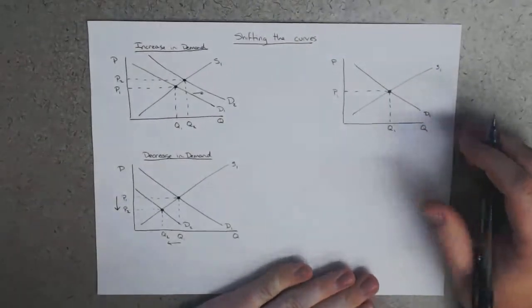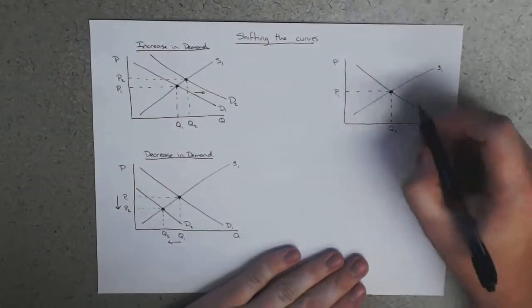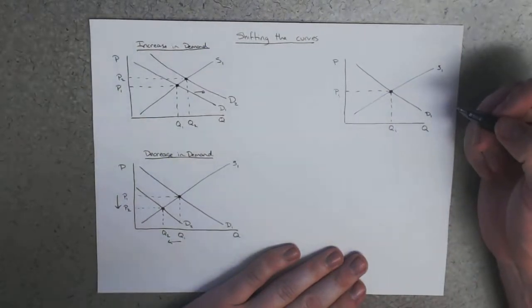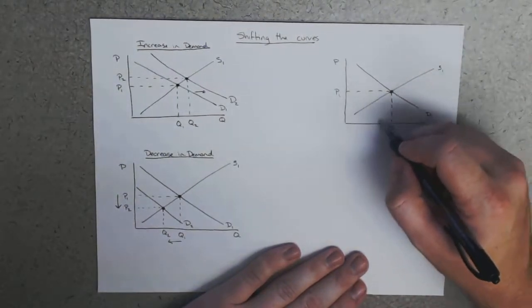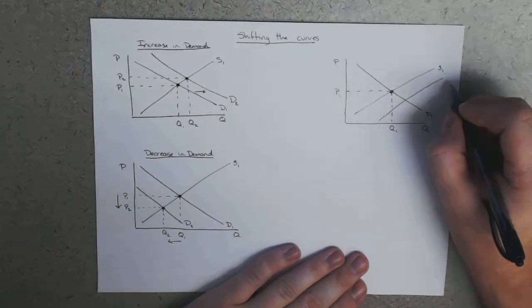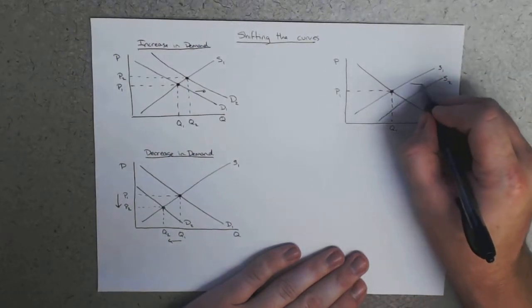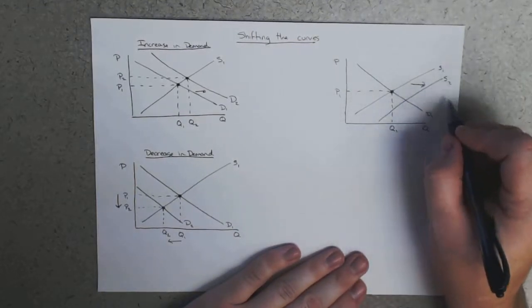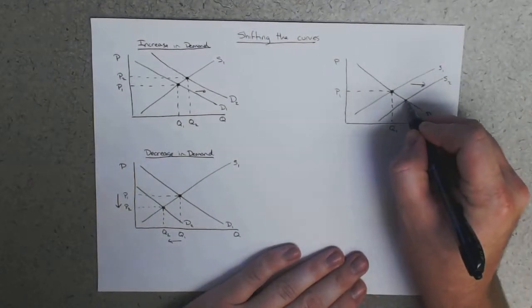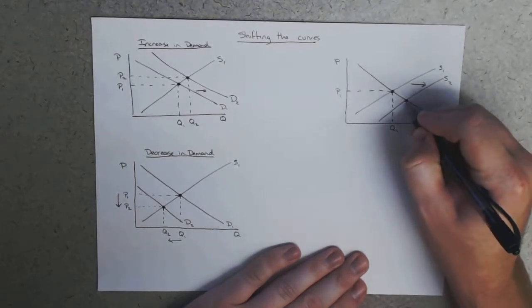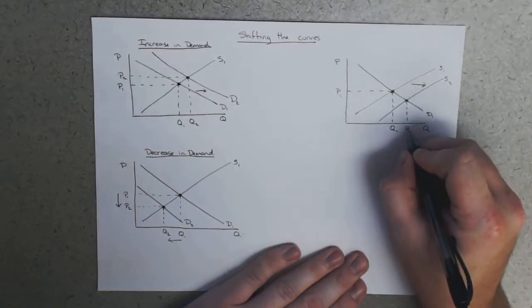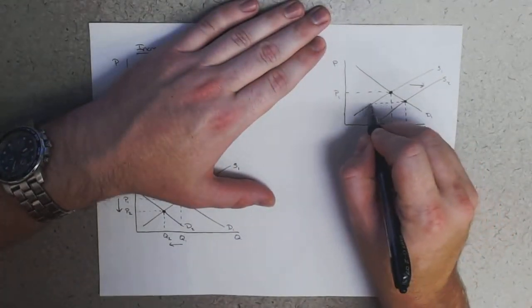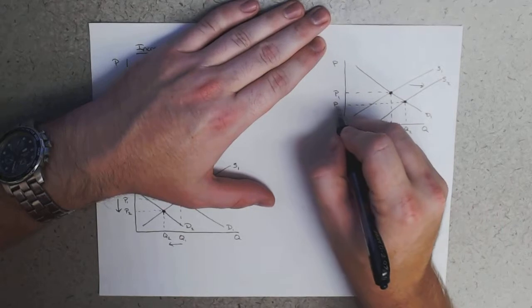In that case, what we have is a change in supply. A change in technology has increased supply, and as a result, the supply curve is going to shift to the right. Now we find where S2 and D1 cross, and we come straight down to find the new quantity, and then straight across to find the new price.